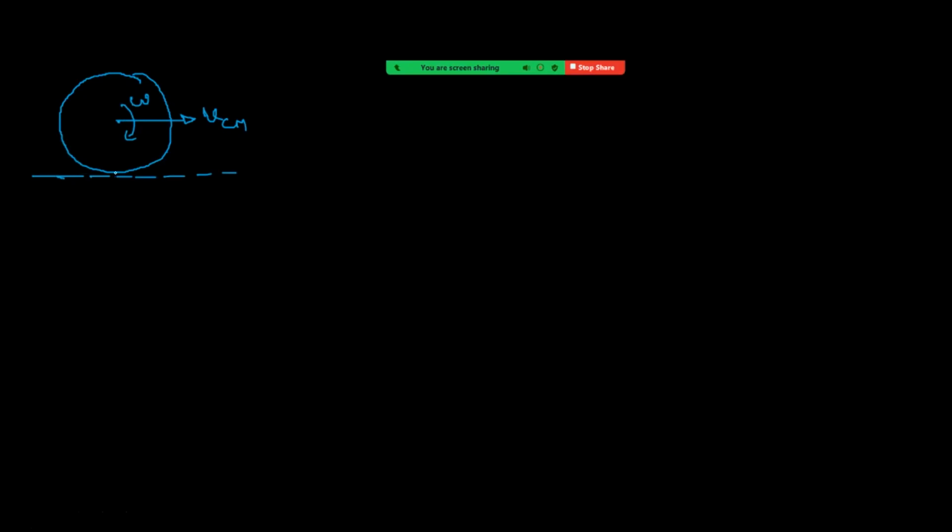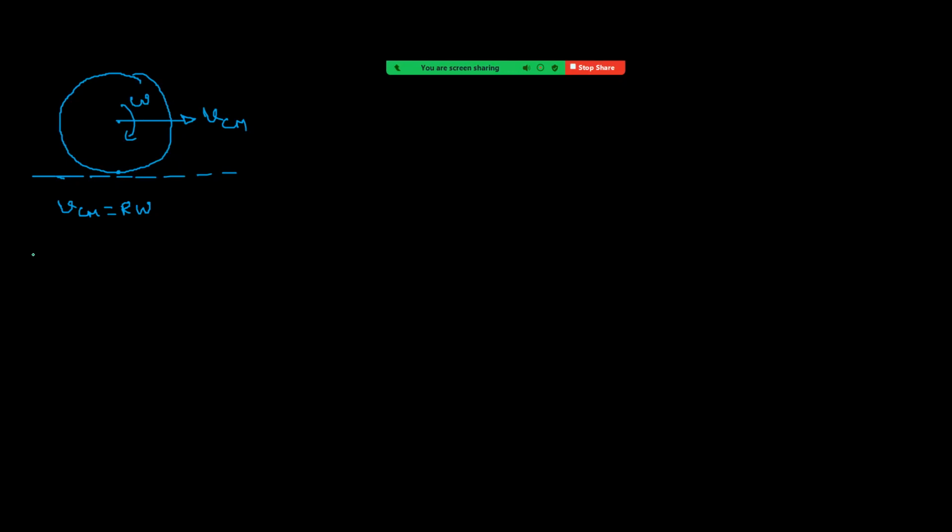That means for the contact point, velocity is zero, right? Because the condition is that the velocity of the contact point should be the same as that of the contact surface. It is the ground, which has no velocity. So VCM is equal to R omega, right? So we want to calculate the kinetic energy.